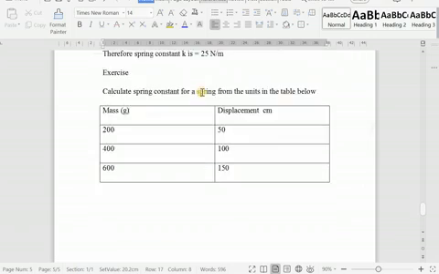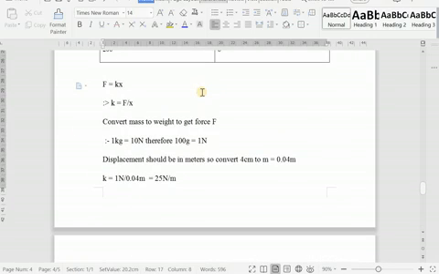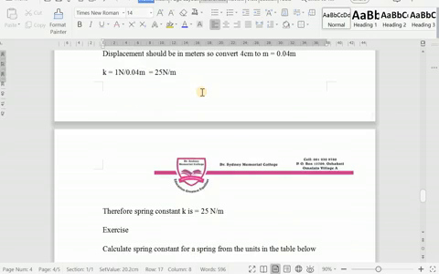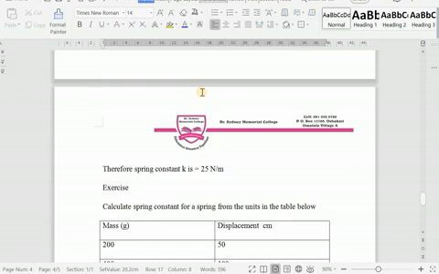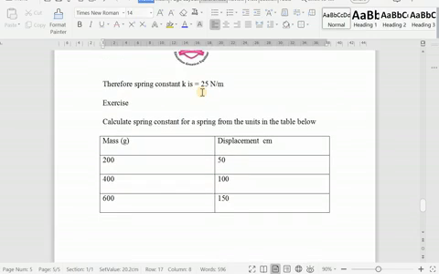So having done that, our K, our constant, is equivalent now to the weight, which is 1 newton, divided by 0.04 meters, which is equal to 25 newtons per meter. That is the spring constant for that spring, right? Therefore, spring constant K is equal to 25 newtons per meter, right?